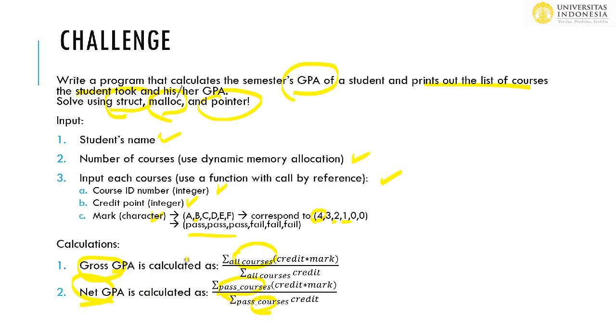Make some variety in your data by entering different marks and different credit points, and you can show the result, whether the student is excellent, just average, or below standard, based on those cases. So make some cases of student records of scores.